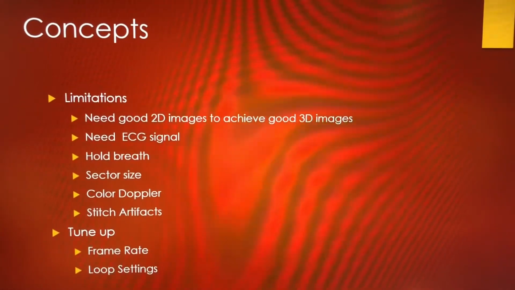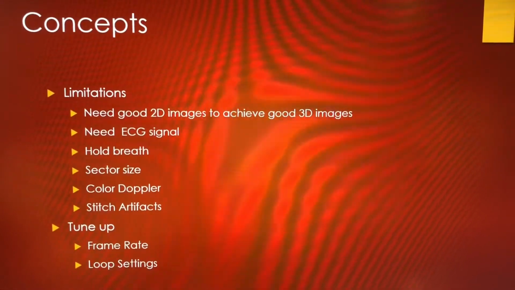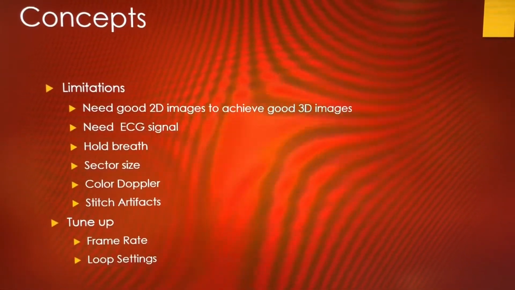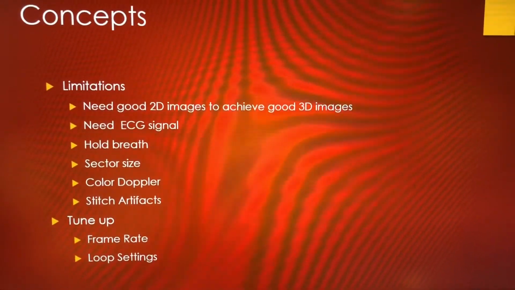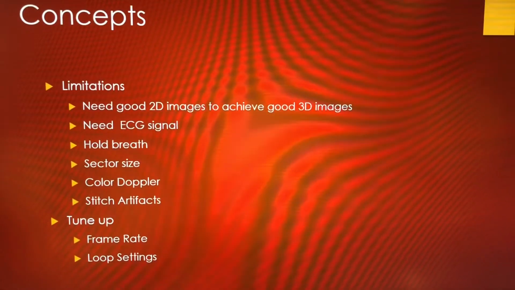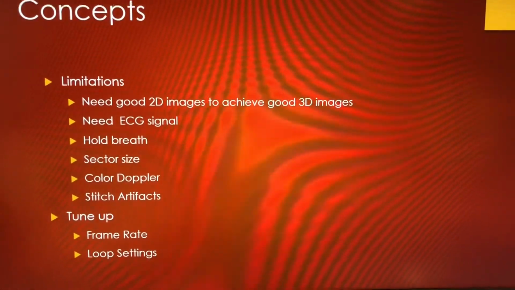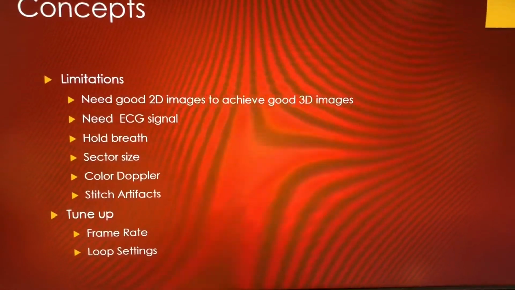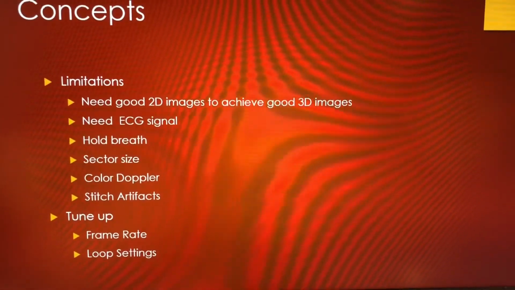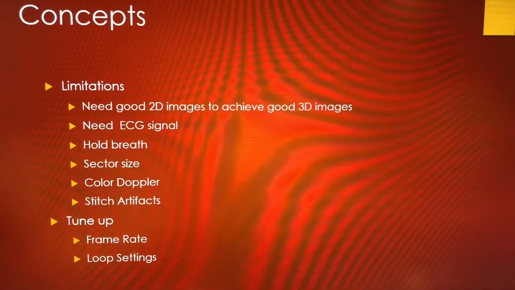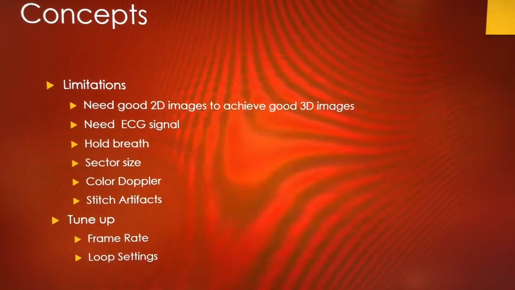Another limitation is stitch artifact. So if you are taking multiple volumes and the computer's trying to put them together, you get these artifacts where the volume is kind of out of sync and out of time with itself.